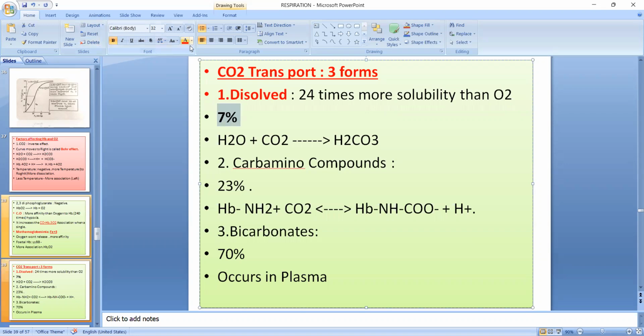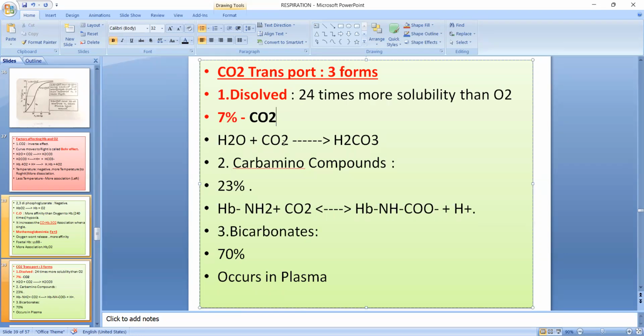ఇది గుర్తుంచుకోవాలి మనం. మీరు ఆల్రెడీ వైల్ టీచింగ్ మీకు గుర్తుండే ఉంటుంది. 7% of CO2 is transported in the form of dissolved state. That's it. That's ఒకటే point.